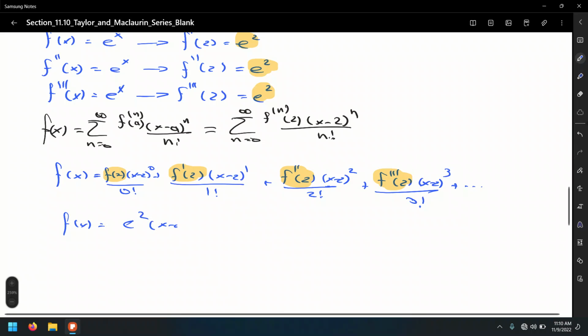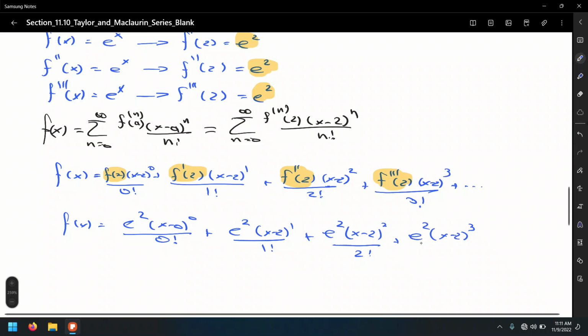I'm going to leave this x minus 2 to the 0 power just so I can see a pattern. Then f prime, which is also e squared, x minus 2 to the first over 1 factorial. I'm not going to evaluate the factorials again, for the same reason, which is to find a pattern. Then e squared, x minus 2 cubed over 3 factorial.